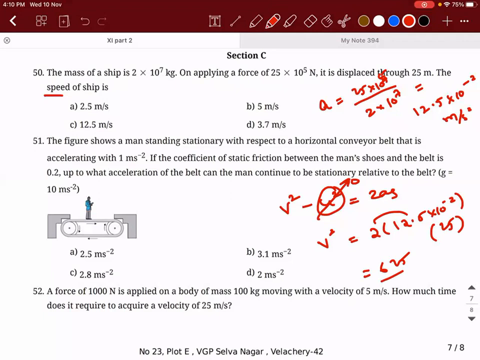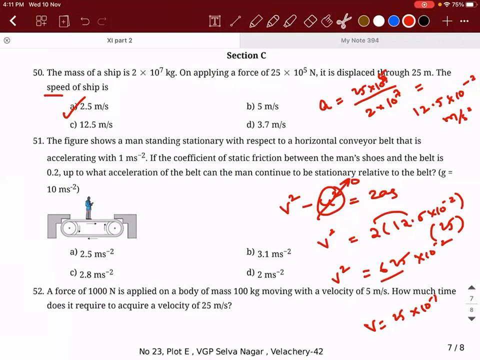Oh, correct, v square is 625 into 10 power minus 2. So v will be 25 into 10 power minus 1, so 2.5 is the answer. Yes, A is the right answer.